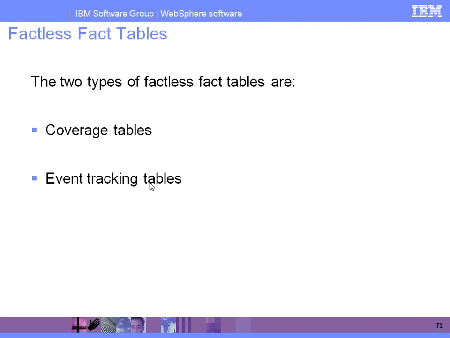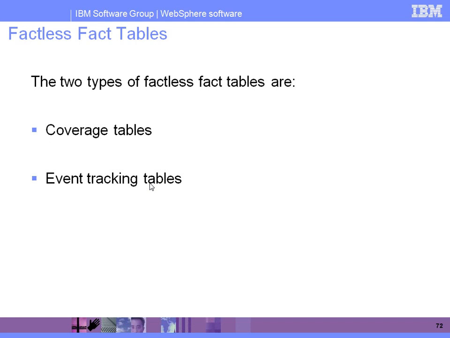One is the factless fact table. Second is the transactional fact table, then the periodic fact table, and the cumulative fact table. There are four different types of fact tables we can see most of the time in our warehouse. But first, what is the meaning of a factless fact table?